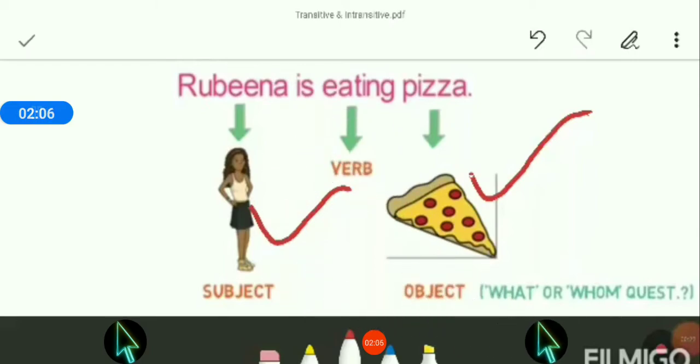Transitive verbs always give the answer to what or whom questions. In this sentence, eating gives us the answer of what: what Rubina is eating, pizza. Since we get the answer of what, it is a transitive verb.